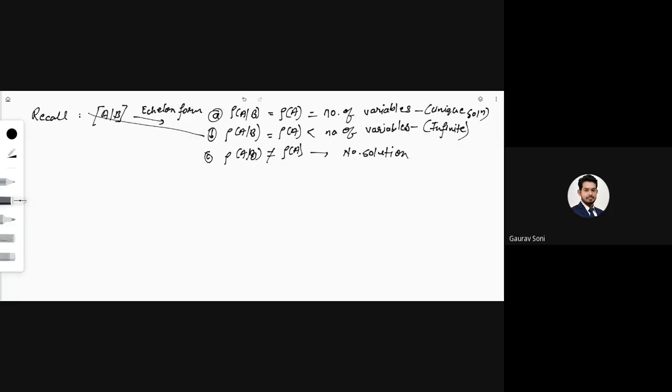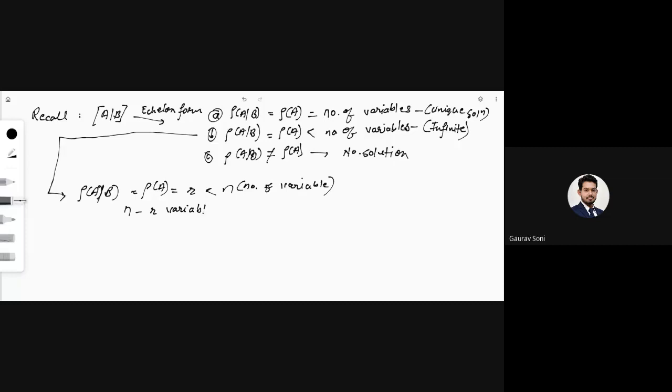Now, for infinitely many solutions, what we do is, if the rank of the augmented matrix is equal to the rank of A, which is equal to R, and it is less than n, the number of variables, then we say that n minus R variables are free.